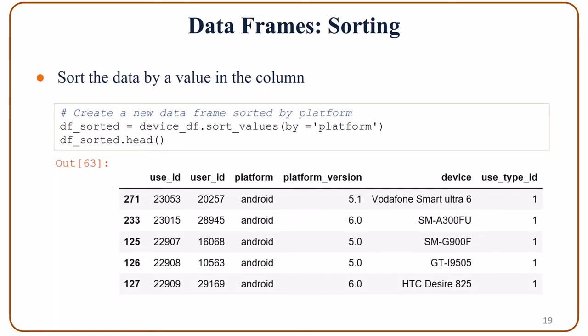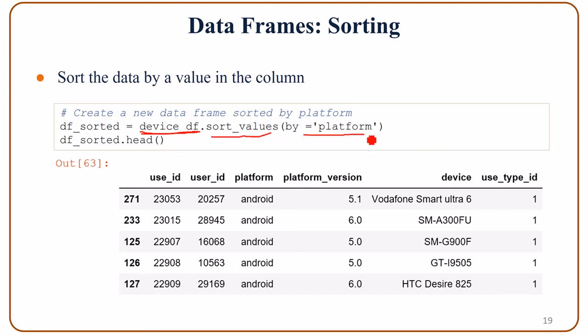Now let's talk about sorting with data frames. Basically, start with the name of the data frame and then call the method, namely sort_values. Sort values by what, right?